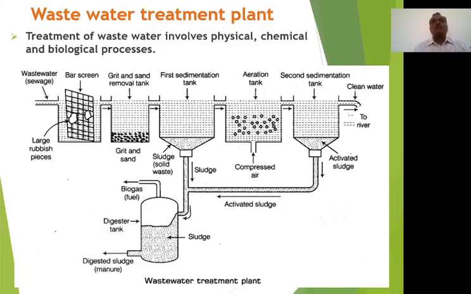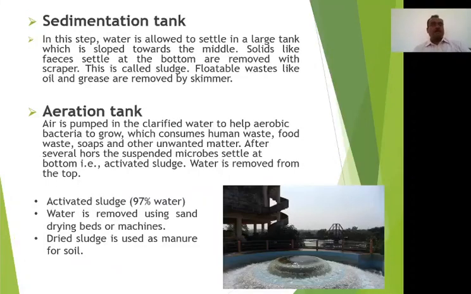The water is further sent to the aeration tank, as seen in the figure. We'll see the aeration tank. Here air is pumped into the clarified water to help the aerobic bacteria to grow, which consume human waste, food waste, soaps and other unwanted matter. After several hours, the suspended microbes settle at the bottom, that is activated sludge. Water is removed from the top.